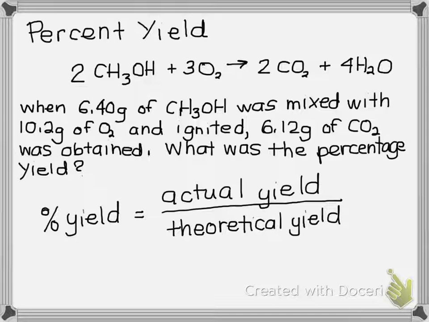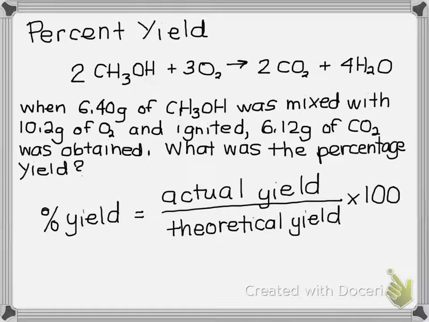Now, sometimes the theoretical yield, if they only give you one reactant, then you would just use that. But if they give you two reactants, you'll have to do a limiting reactant problem to figure out which is the theoretical yield. And then you'll be able to solve this problem. Now you'll multiply by 100 to make it a percent.